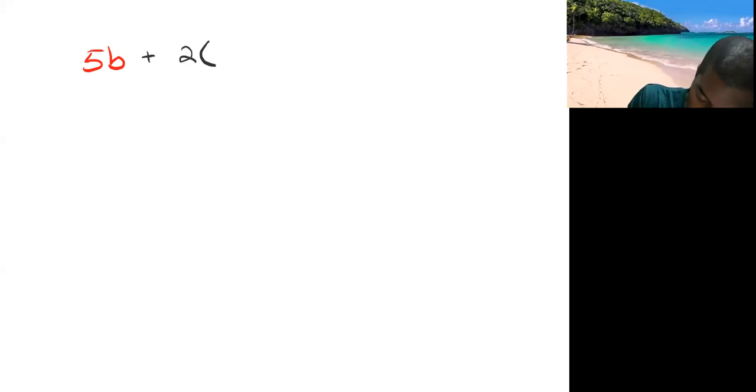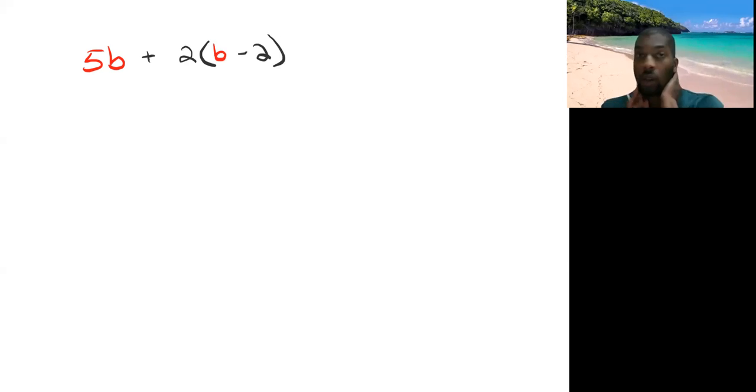Let's say I had, this is a very good one. 5b plus 2 times parentheses b minus 2. What do we think happens here?